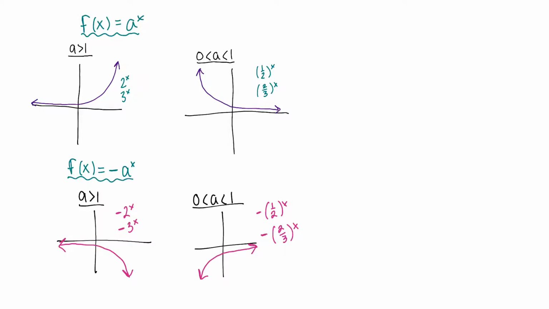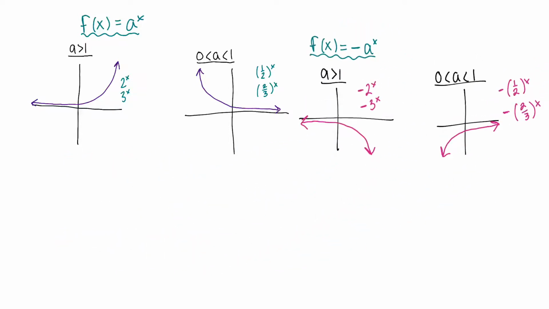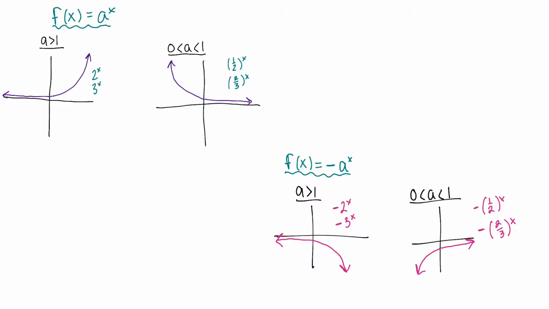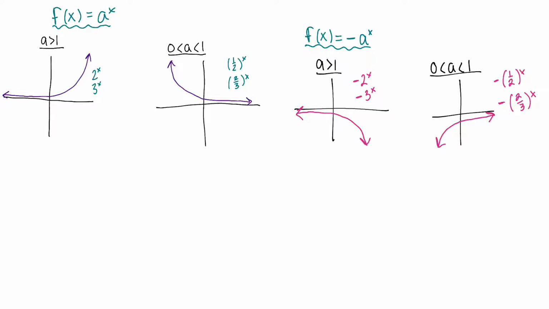So there's just the examples. One last thing to talk about here is the things that happen to the range when you flip the graph over the x-axis. With these guys over here, as long as you don't have a vertical shift, the range is 0 to infinity.